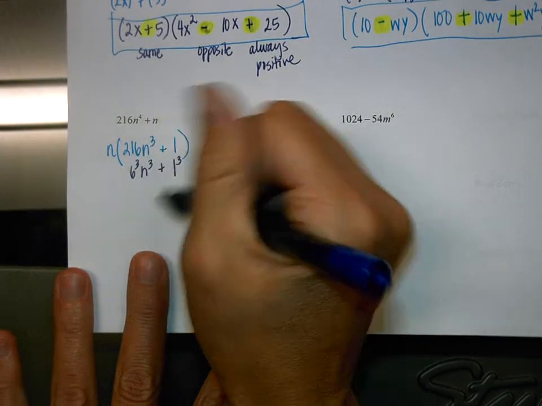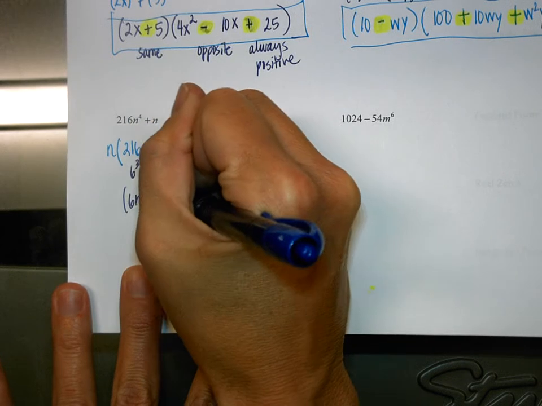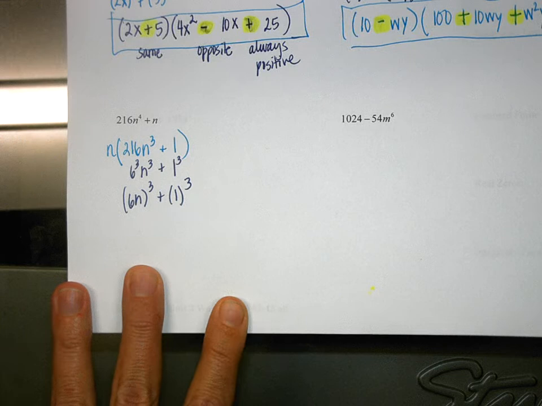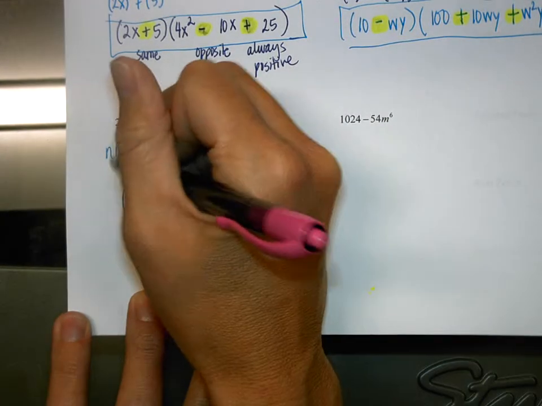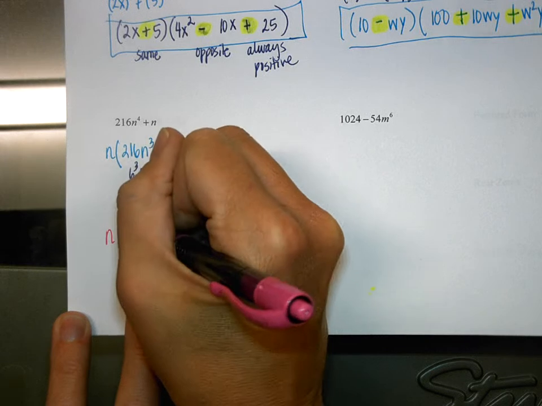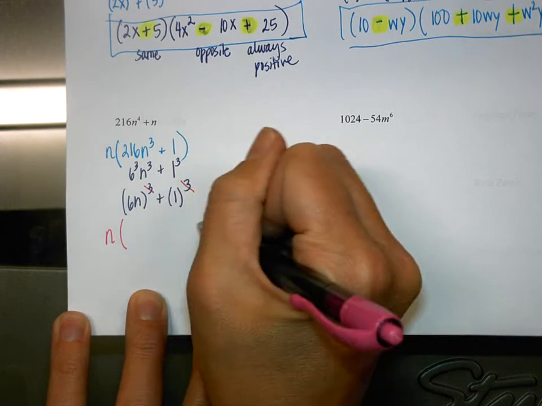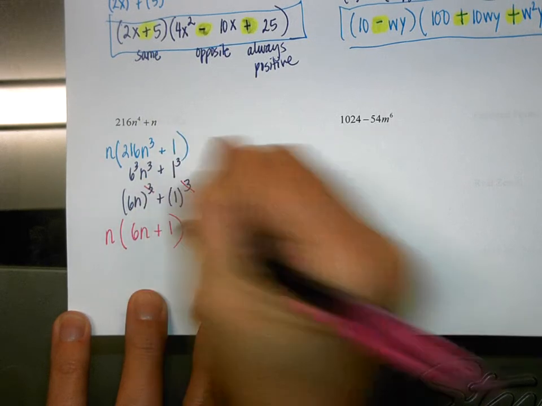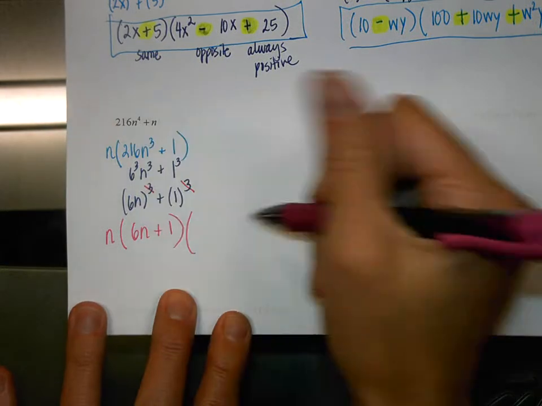Next, we'll go ahead and write these in our parentheses. So we will have 6n to the 3rd power plus 1 to the 3rd power. And we're going to write our first parenthesis, and I'm also going to bring down my GCF, which is n. My first parenthesis is everything that's written there except for the cubes. So we have 6n plus 1. For my second parenthesis, in order to get those values, we write out each of these cubes.